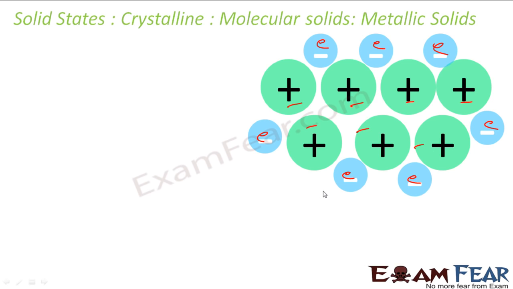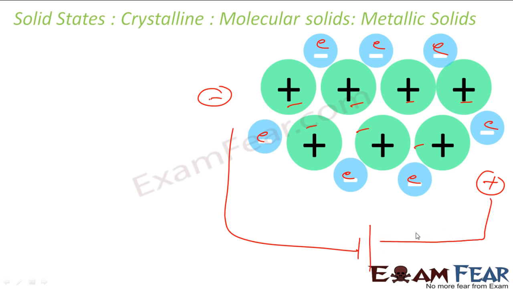So let's see how it works. For electrical conductivity, if you apply an electric field, suppose you put a negative charge here and a positive charge here, some battery you connect like that. Now the electrons will flow from here, the electric field is created. So electrons will flow through this network of positive ions, and there are free electrons to take part.